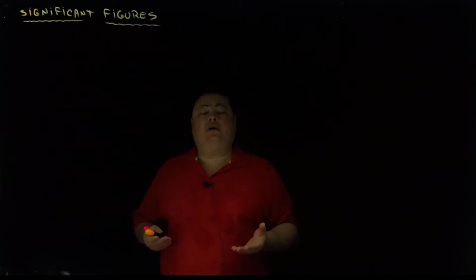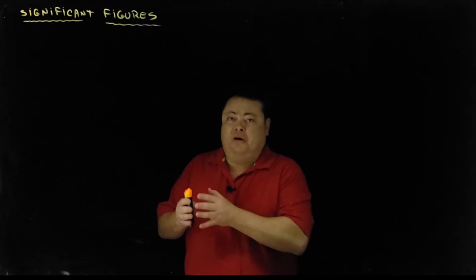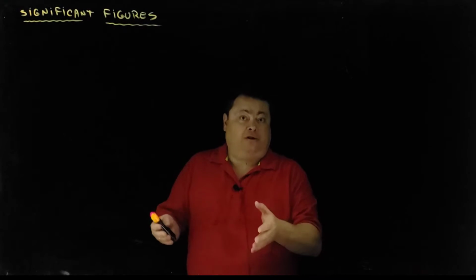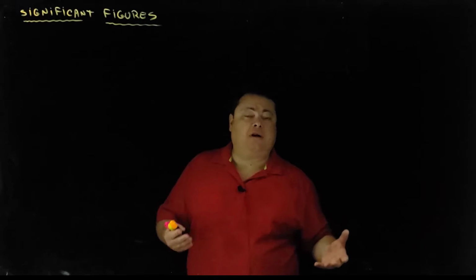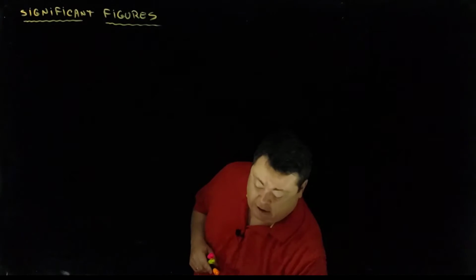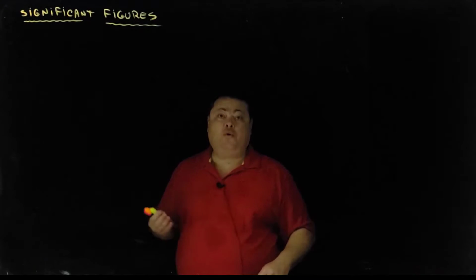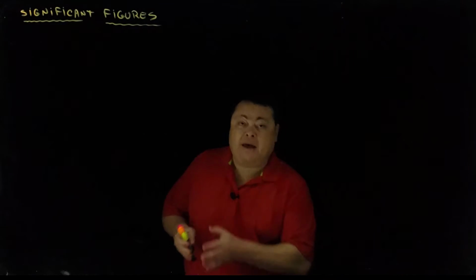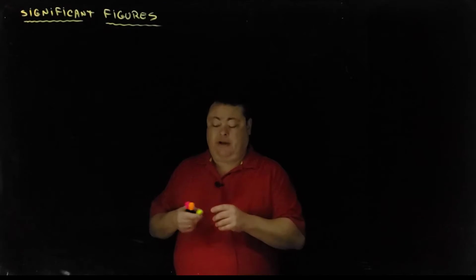So let's recap. We just saw that every measurement will have a number of digits that we are certain about. We believe they're correct. And we just made an agreement to add one estimated digit. Well, these are called significant figures. And it becomes now for us a convention about how to write a measurement. We will always write as many correct digits we have, and then the last digit will be my estimated digit.